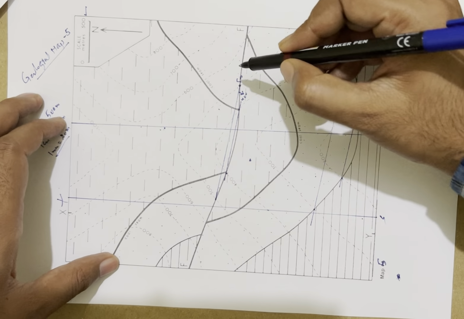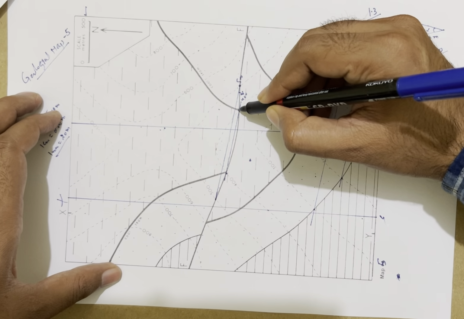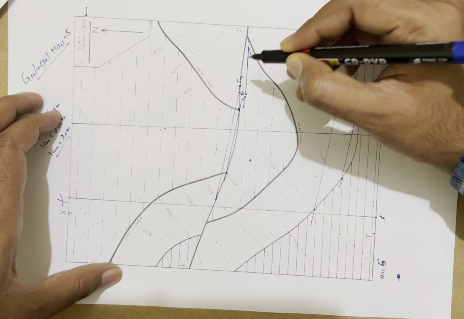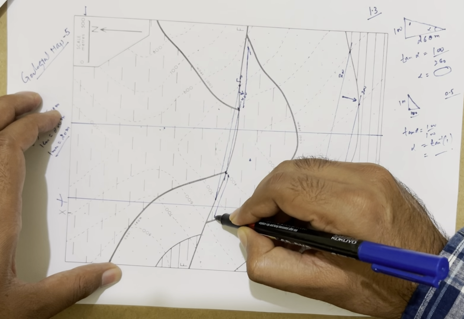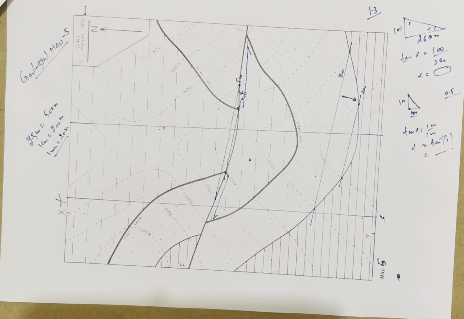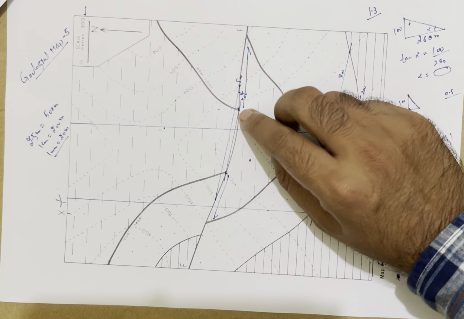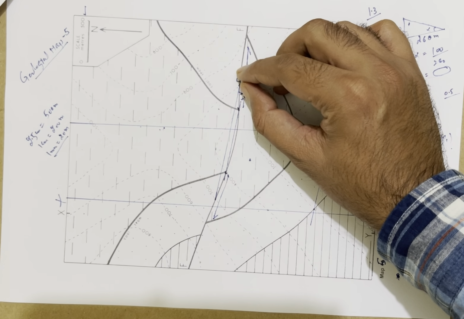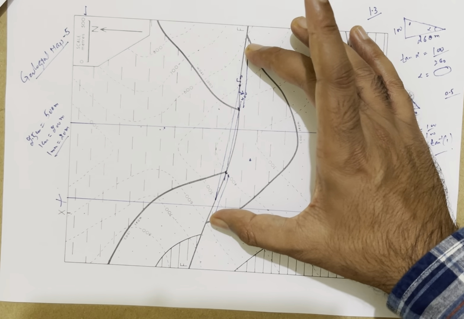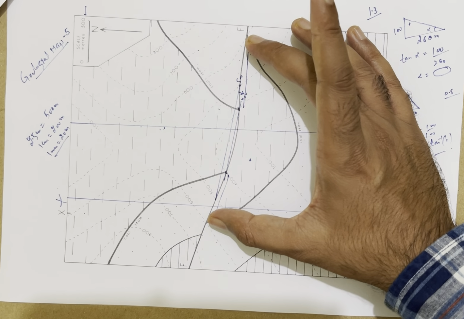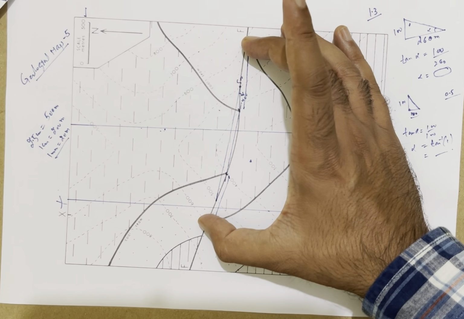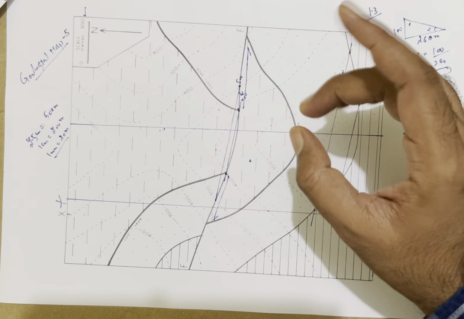If we look at this part, this part is going this way and this part is going this way, because we are getting much more thickness in comparison to this; the exposure is much broader here as compared to this.